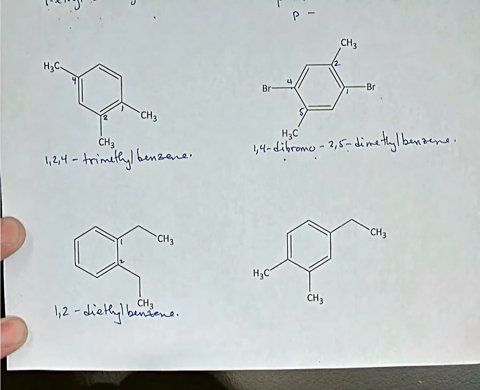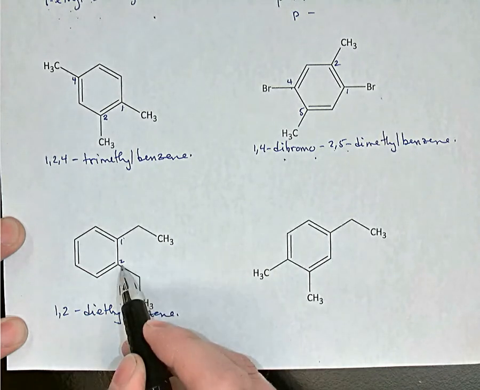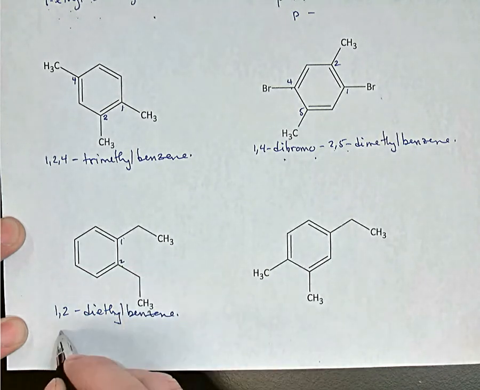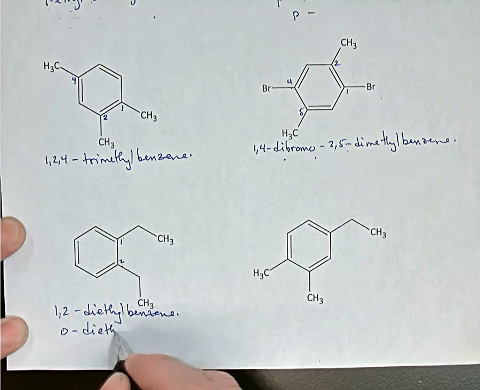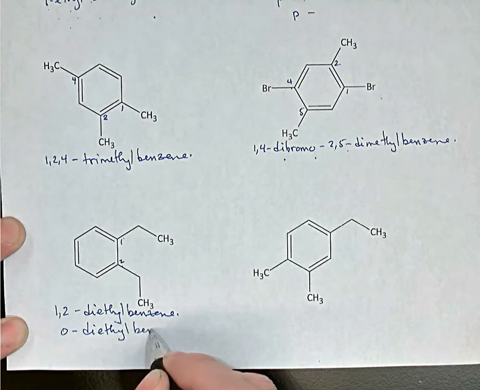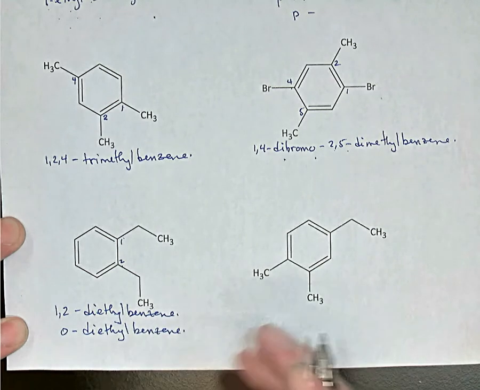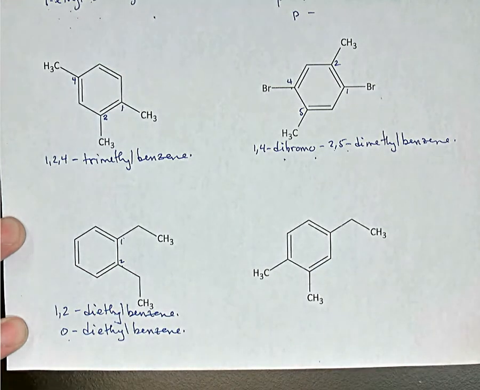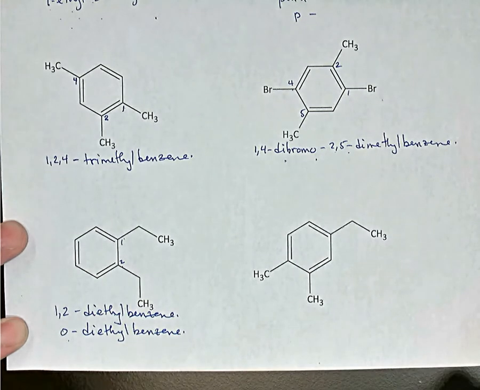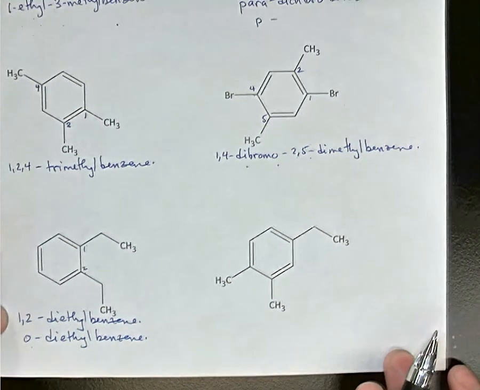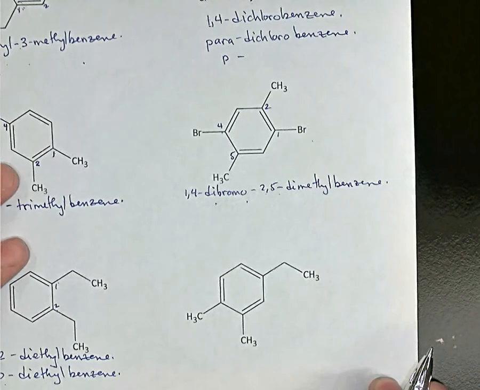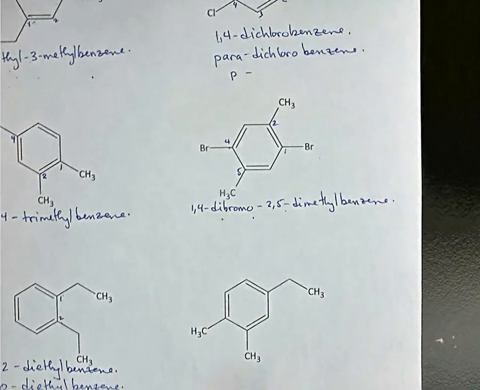Okay? But 1 and 2, side by side, you could also call that ortho-diethylbenzene. Instead of writing out ortho, you could just put the letter O like I did there. So ortho-diethylbenzene or 1,2-diethylbenzene.